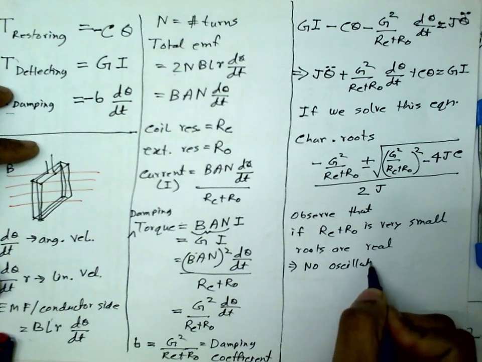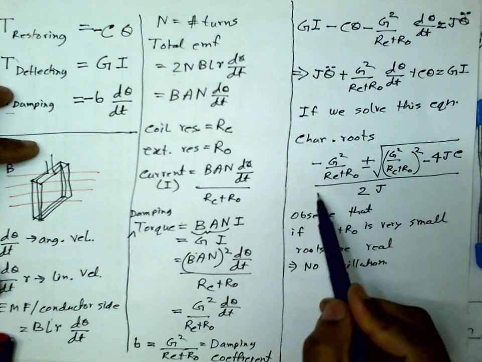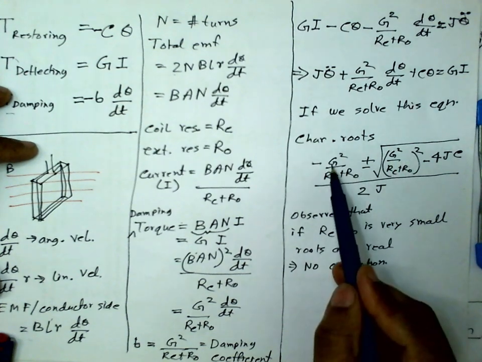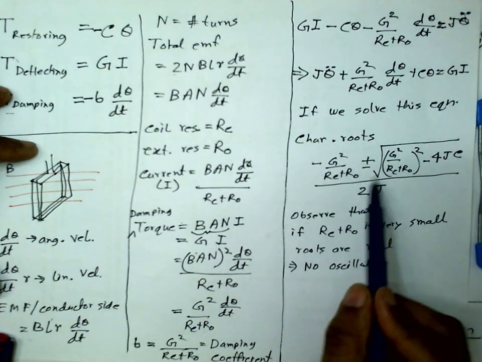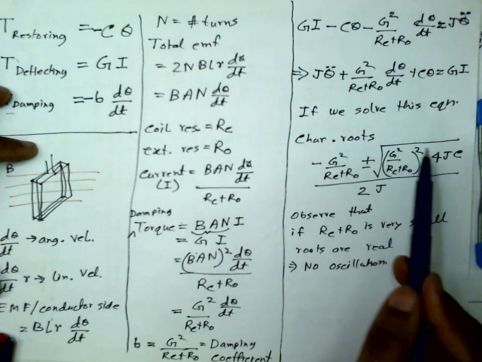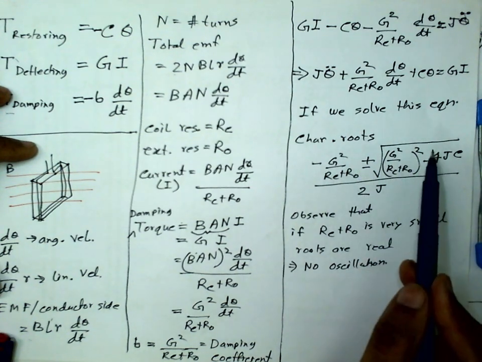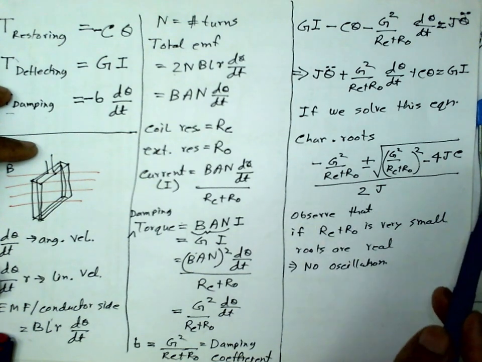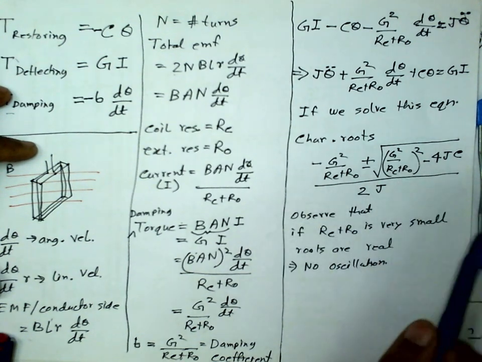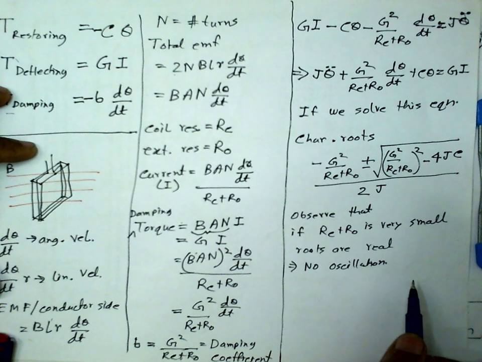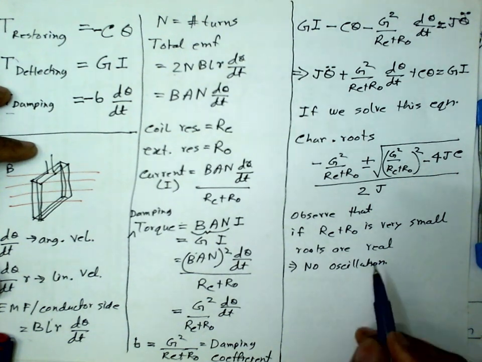So the solution will be of the form e to the power this root times t, and then there is no imaginary term, so there will be no sine or cosine term. It will be purely exponential, so there will be no oscillation at all. Okay.